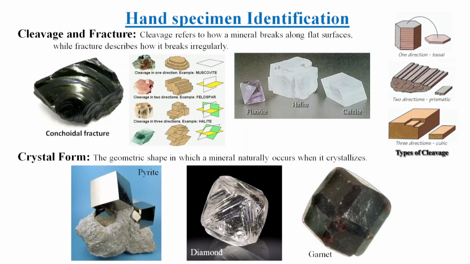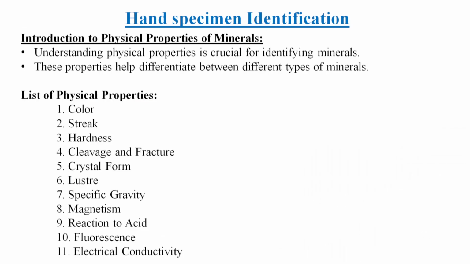So I would like to stop here first, then again we will discuss in the second part of this lecture about the other properties as well. But before I conclude the first part of this hand specimen identification, always remember, if I look at the first few physical properties, then color could become a diagnostic feature for a few minerals.